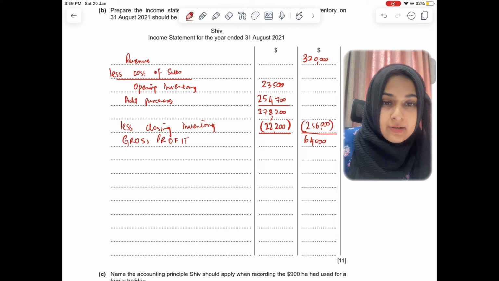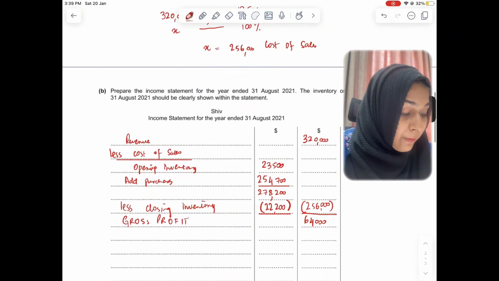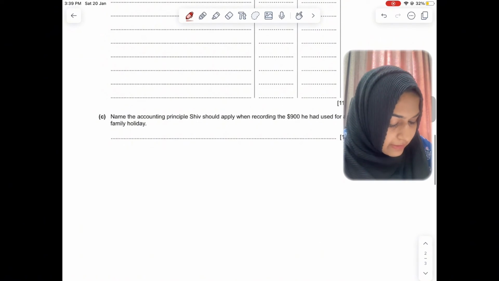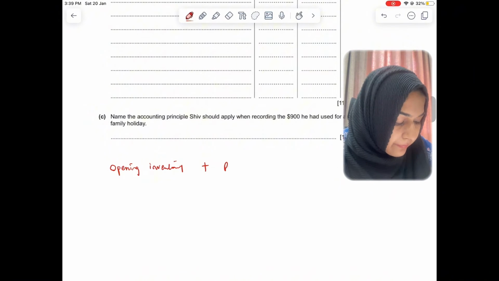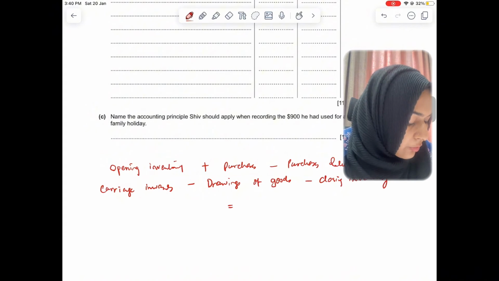There is another way of calculating. I just want to add this here because whenever there's this kind of data in MCQs, the students need to use the formula for cost of sales, and the formula is pretty easy. You write opening inventory, you add purchases, you subtract purchases returns, you add carriage inwards, you subtract drawings of goods, you subtract closing inventory, and that is equal to cost of sales.